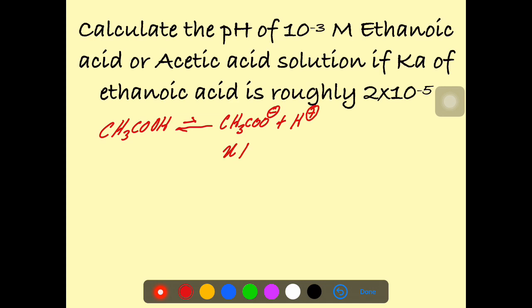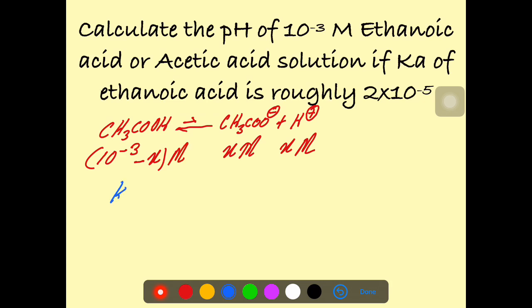Let me assume that X moles per liter of acetic acid dissociates. So the concentration of acetate ions and H plus ions both will be X moles per dm cube, and therefore the concentration of undissociated acetic acid will be 10 raised to minus 3 minus X moles per decimeter cube.